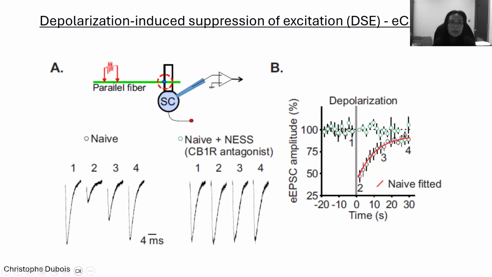Each time you stimulate a parallel fiber, you evoke an EPSC recorded here. After a stable recording, he will depolarize the stellate cell. That will cause release of endocannabinoid, which will hopefully suppress neurotransmitter release.